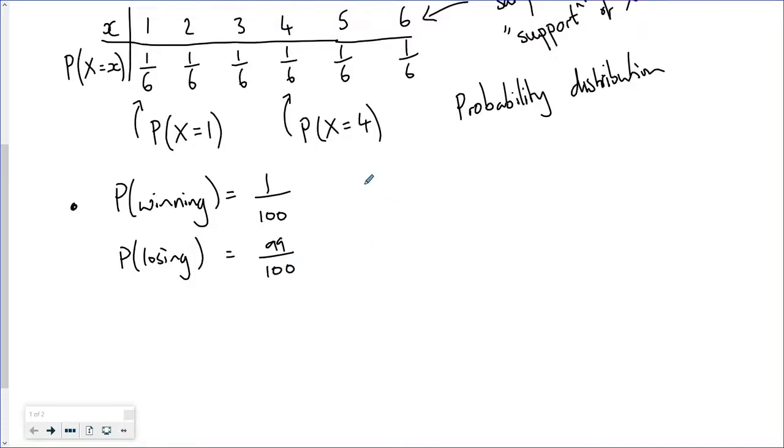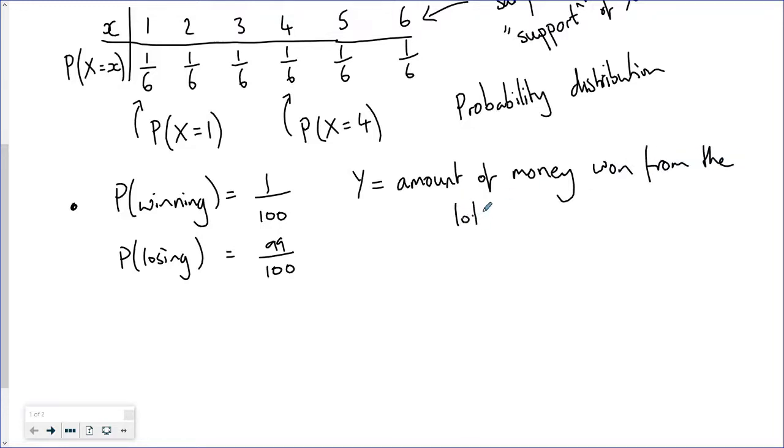We might want to define a random variable, which is Y, the winnings, or the amount of money won from the lottery. Let's say that if you win, the winnings are £10,000.